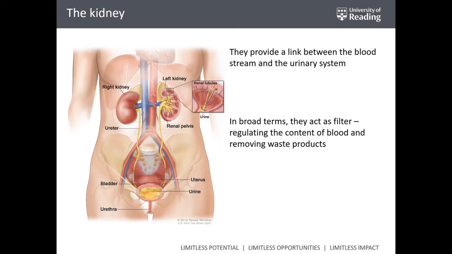So they are the link between the bloodstream and the urinary system. And as a matter of fact, what they do is to generate urine. They filter the blood and they generate the urine, which contains all the substances that need to be excreted from the body via the filtration system of the kidney.